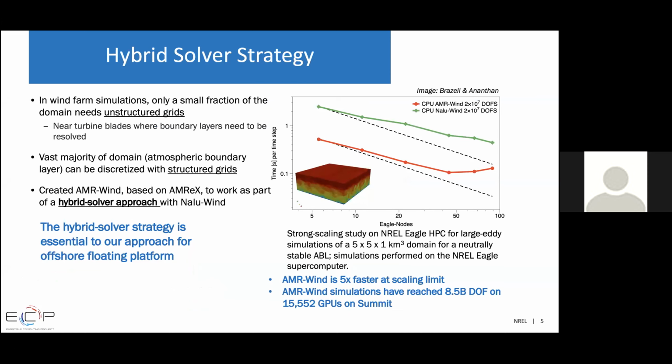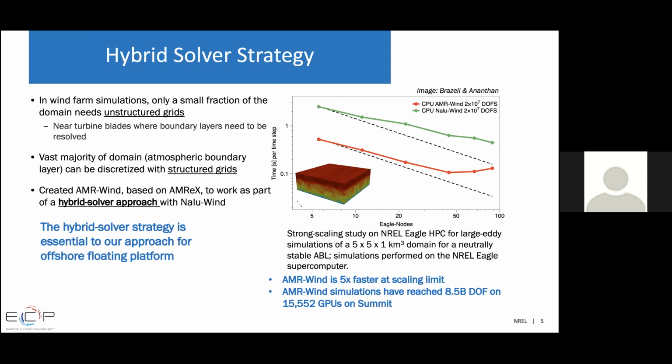to really make naluwind as dense as possible on the machine and really have the communication, because all these codes are communication heavy, but naluwind especially so. So we're trying to limit that to a small part of the machine and then have AMR wind run on most of the machine. And you can see in the plot over here that AMR wind is about 5 times faster in general for doing an ABL case at least. So the atmospheric boundary layer, so all the space in between the turbines.